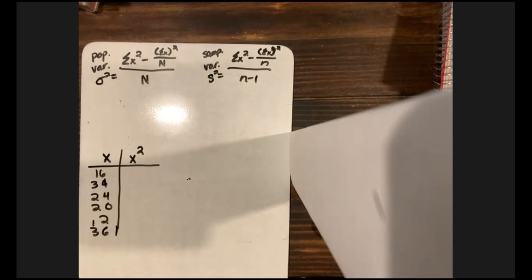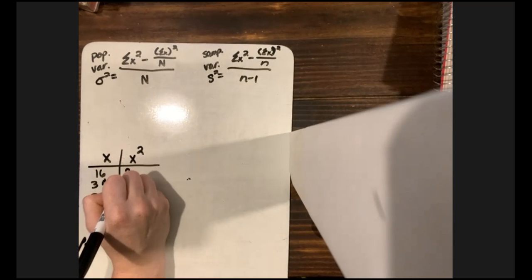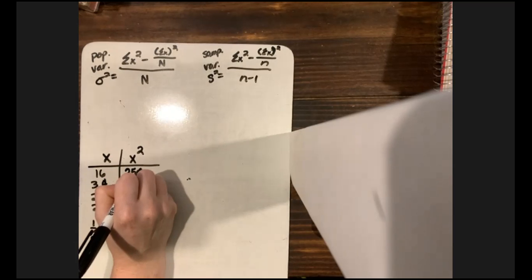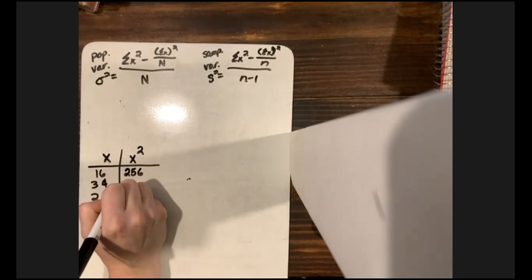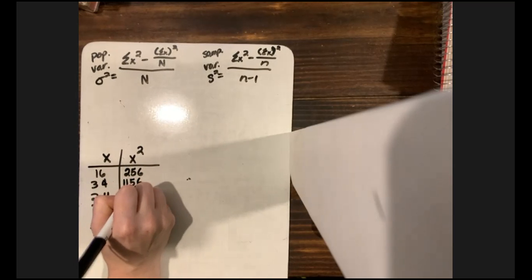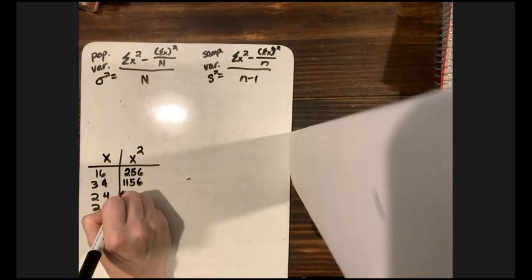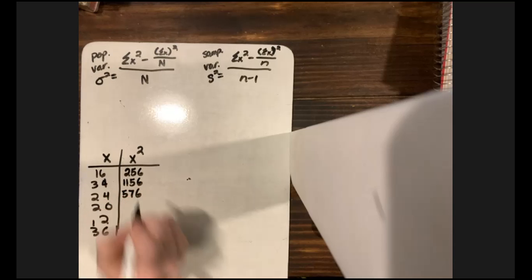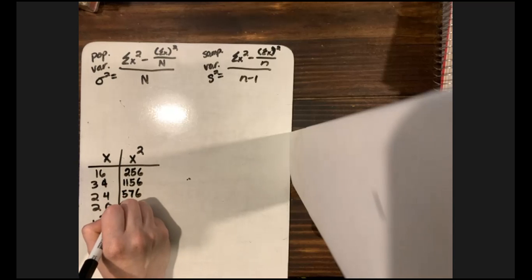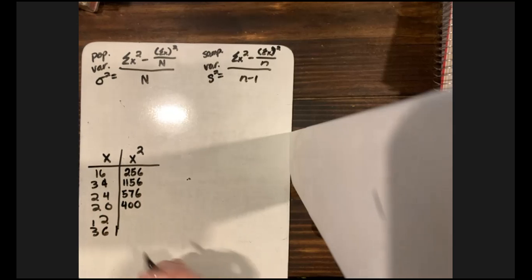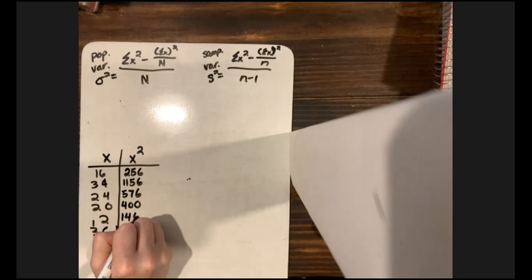So 16 squared is 256, 34 squared is 1156, 24 squared is 576, 20 squared is 400, 12 squared is 144, and 36 squared is 1296.